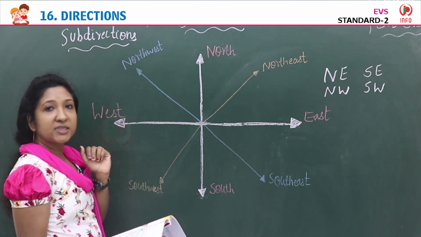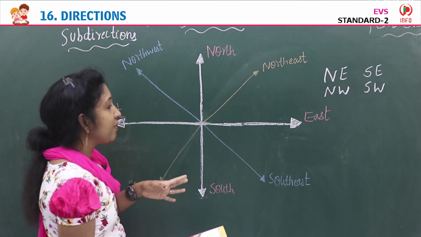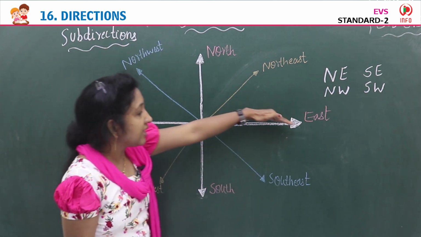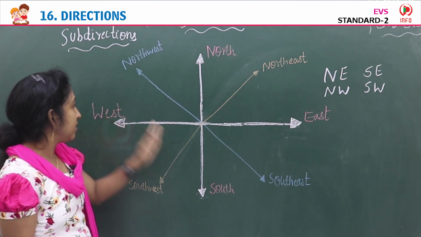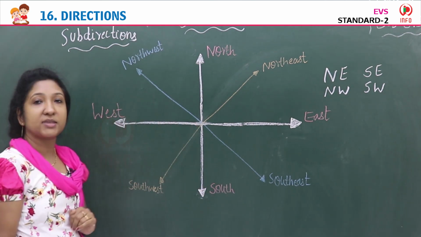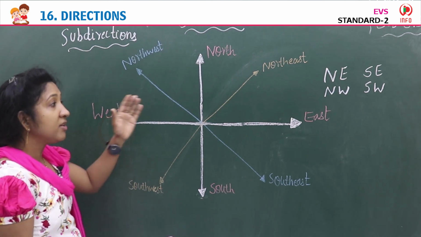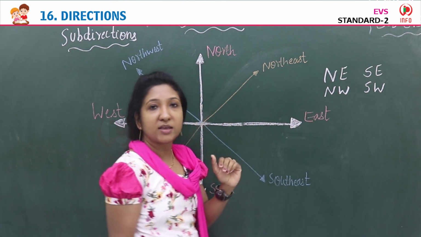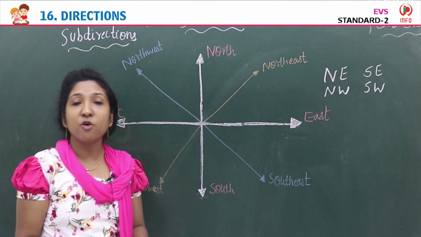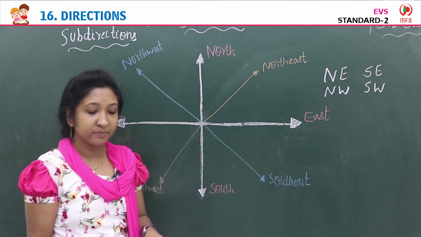Then halfway between south and east is southeast, and halfway between south and west is southwest. These are the four sub-directions.